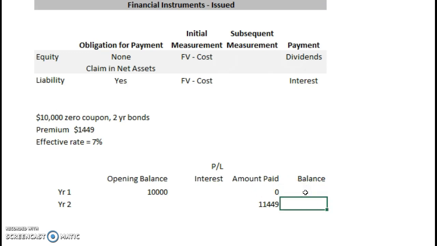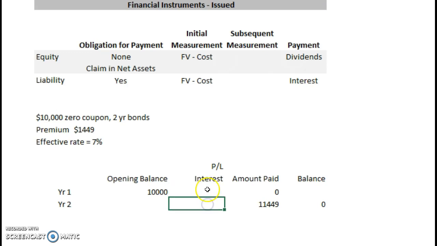We can put in a 0 here, because there will be nothing left over when the total balance is paid off. So what do we do here? Well, the interest, the charge for financing, is going to have to be charged to the statement of profit and loss in the first and second year.